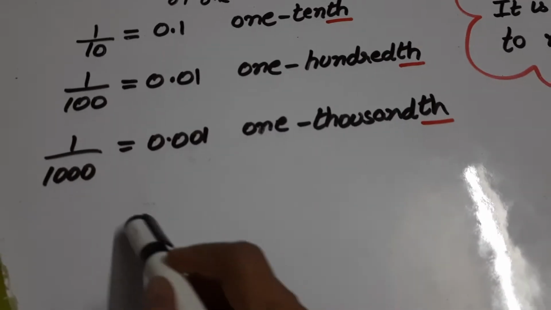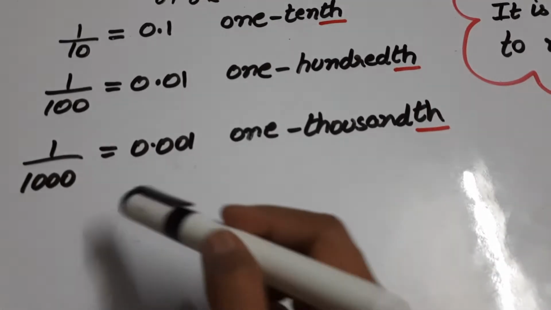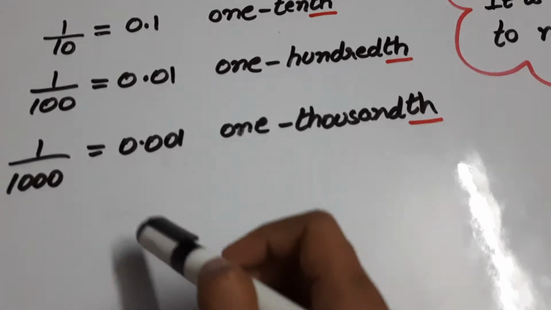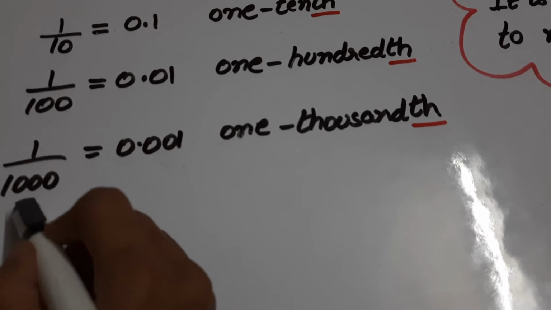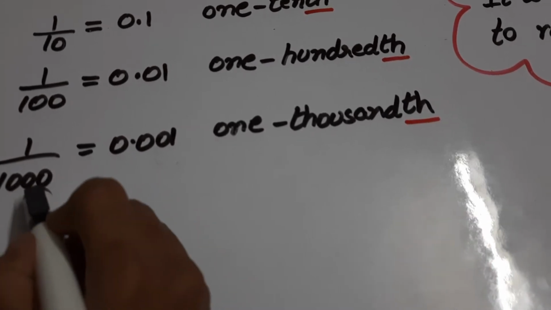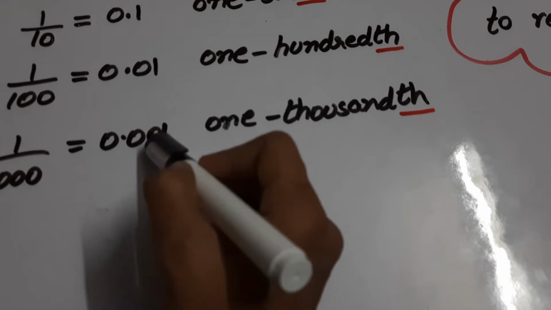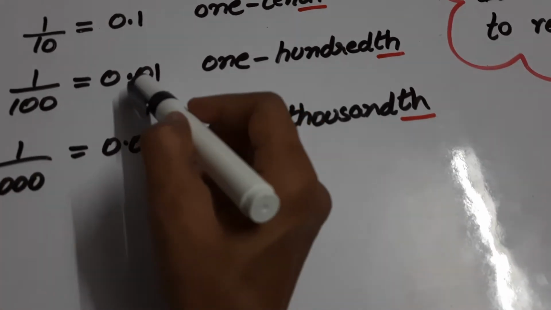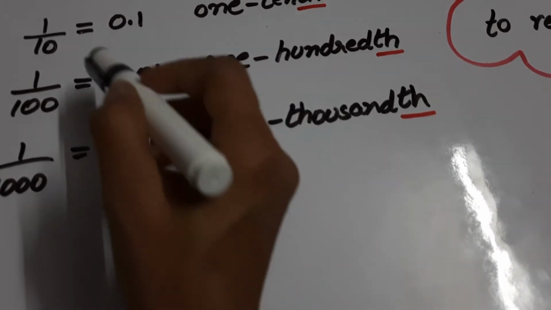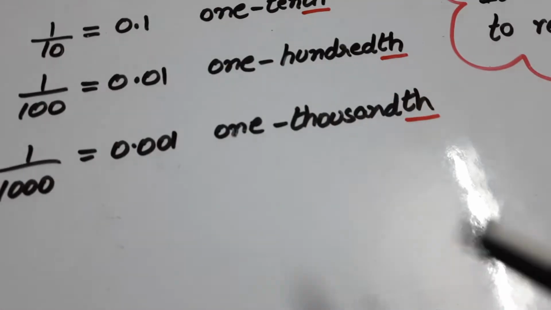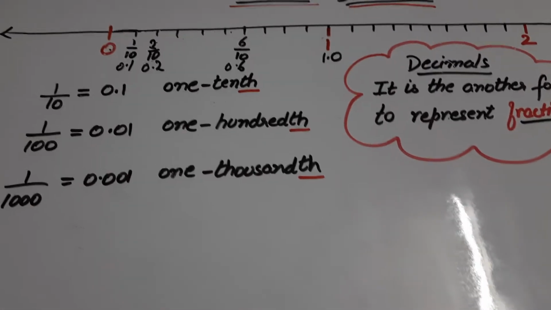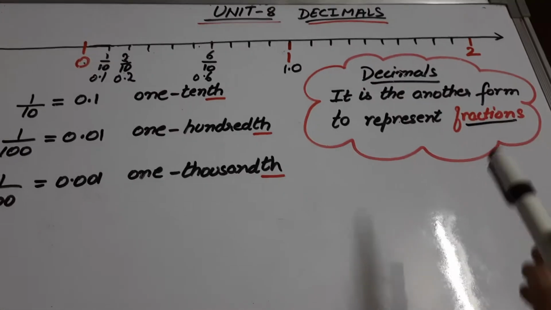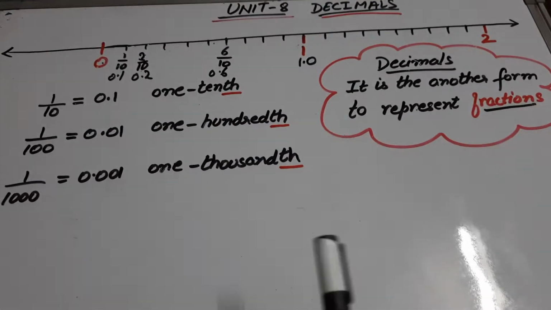In the same way, 1 by 10,000 can be written like this. The number of zeros in the denominator represents the digits after the decimal. Like 3 zeros in the denominator means 3 digits after the decimal, 2 zeros represent 2 digits, and 1 zero will take 1 digit, right? So in this way, we can use decimal numbers to represent fractions.